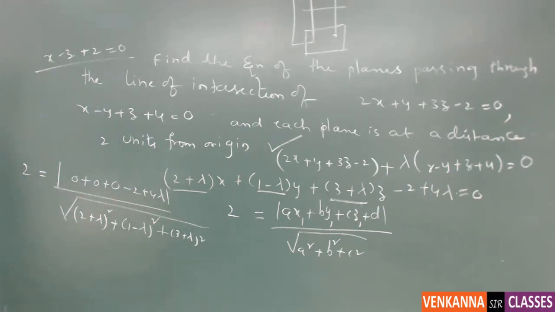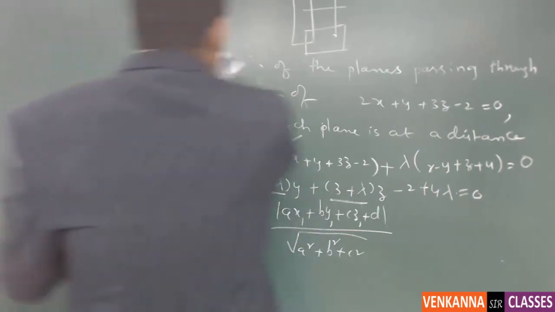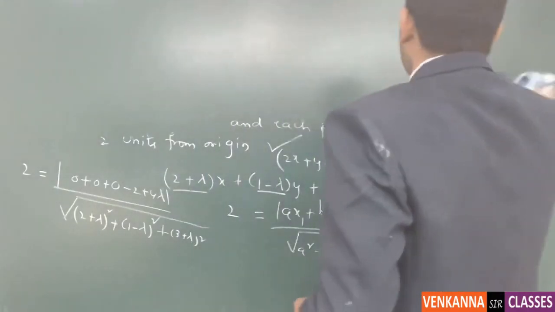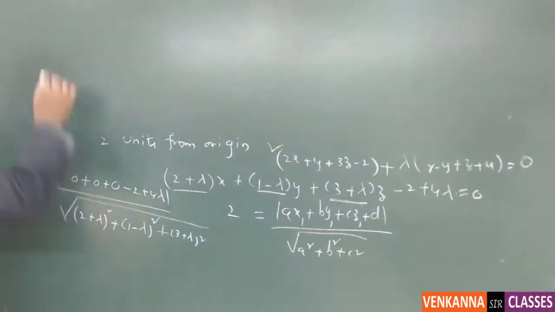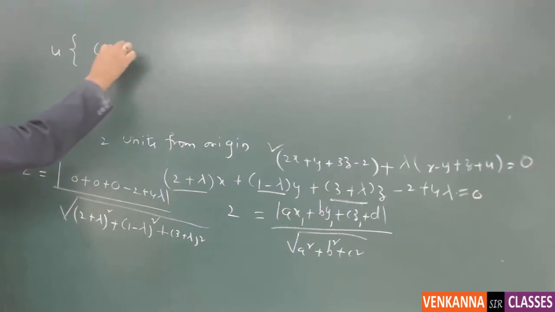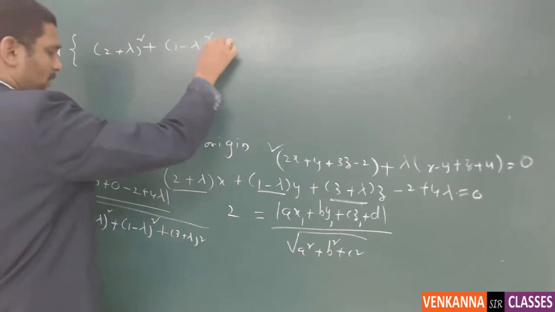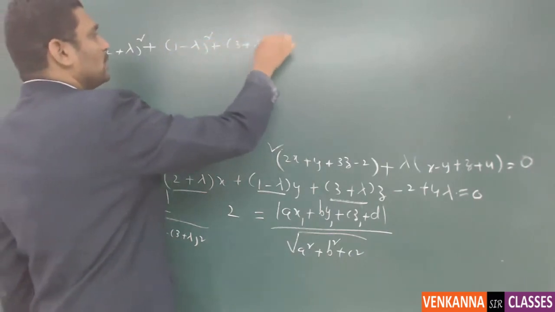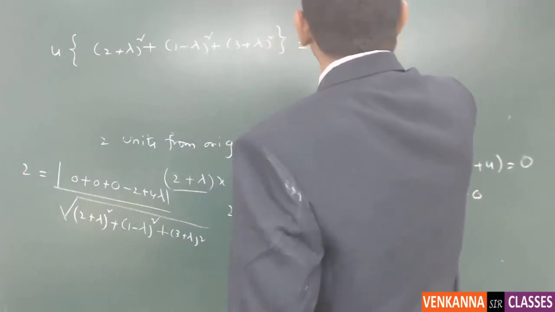So we can do squaring on both sides, and we can take reciprocal also on both sides. Or there is no need to take the reciprocal. Take this value to the left hand side and do squaring on both sides. You will get that 4 into 2 plus lambda whole square plus 1 minus lambda whole square plus 3 plus lambda whole square is equal to 4 lambda minus 2 whole square.